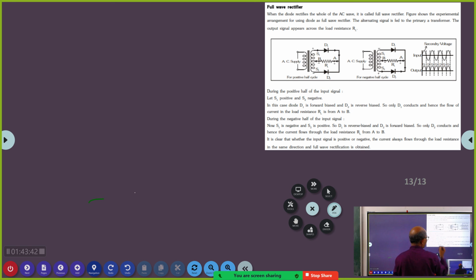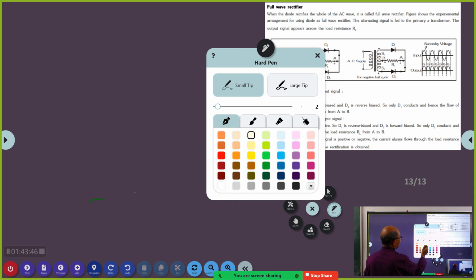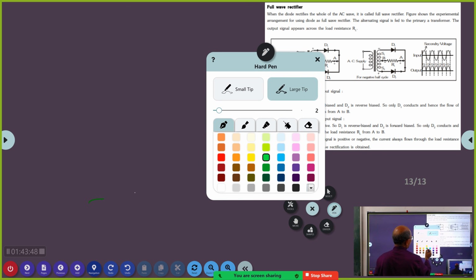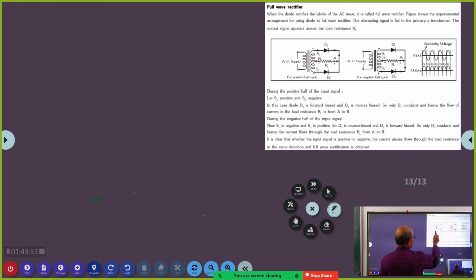The bridge was shown already. Bridge is also a full wave rectifier, but here what is this called? What is this transformer called? Hey, you have learned all these things in college. That is why I am asking you. It is a full wave.